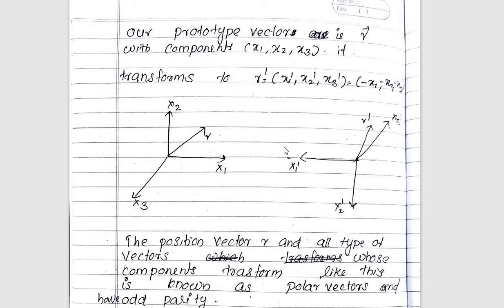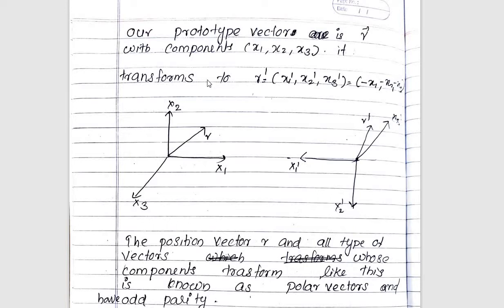Before inversion its components are x1, x2, x3. After inversion its components are x1 dash, x2 dash and x3 dash.